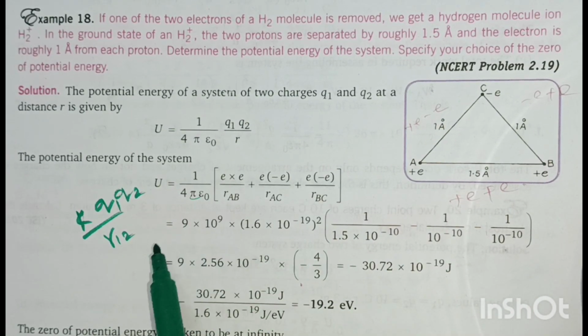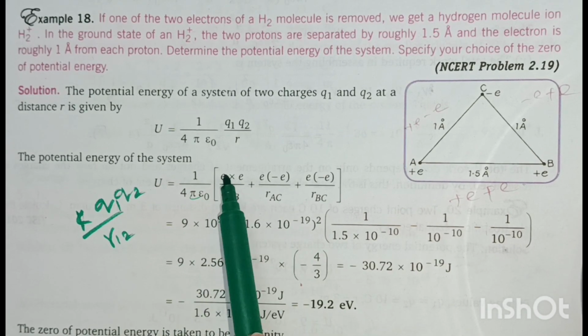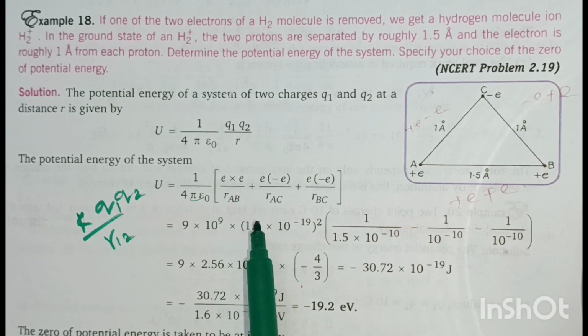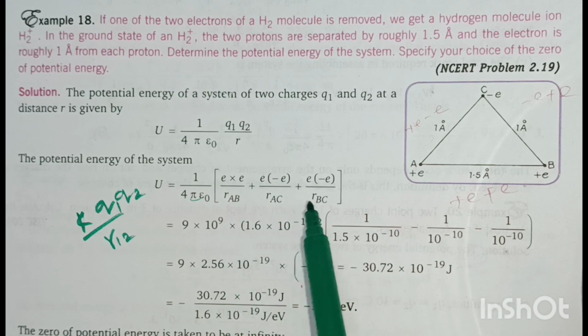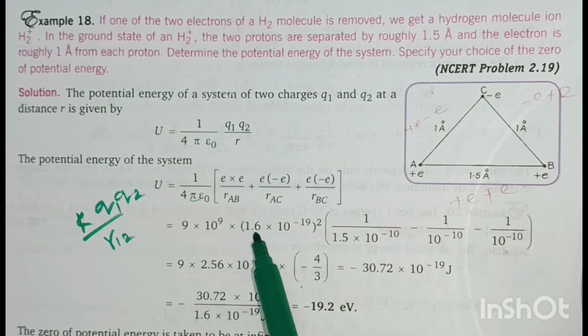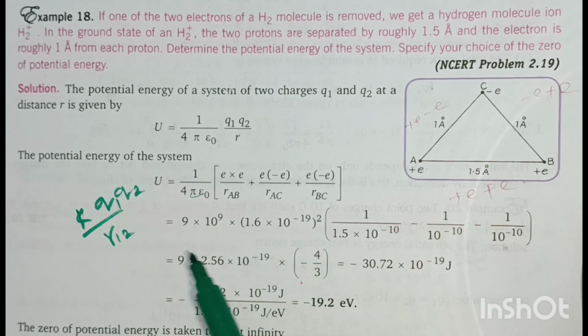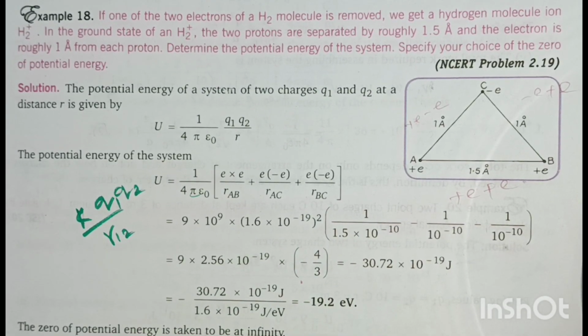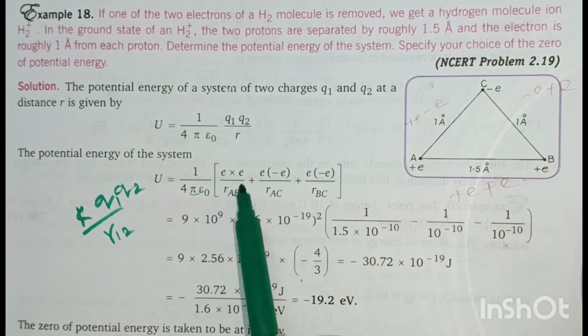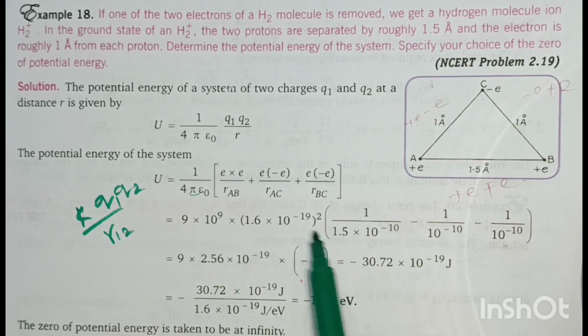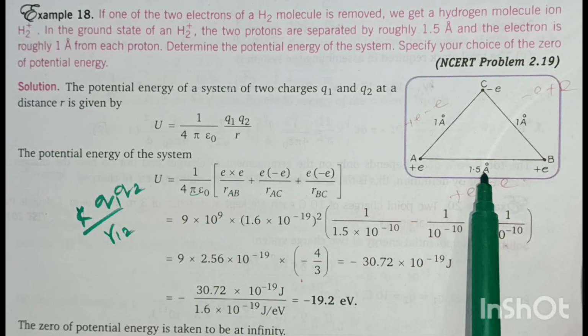Now we can take K outside, and also e and e, that is e square, is common, so we take it outside. So 9 into 10 power 9 into 1.6 into 10 power minus 19, whole square, into, now we have to be very conscious about the sign. The first one is a plus sign only, so it is 1 by 1.5 angstrom.